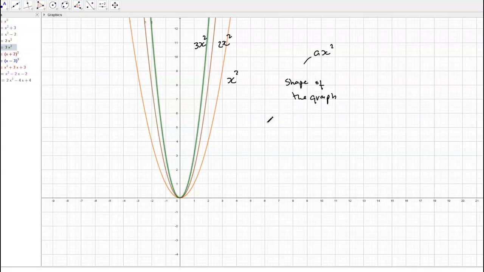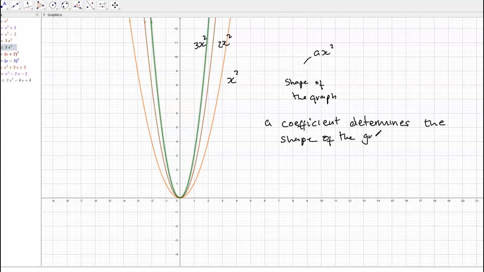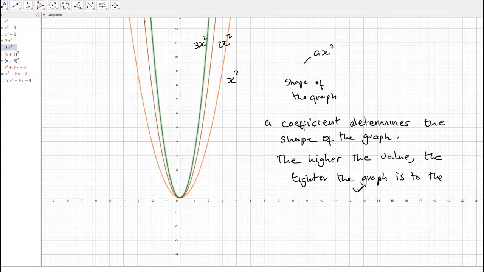We can write: a coefficient determines the shape of the graph. The higher the coefficient, the tighter the curve or the graph is to the y-axis.